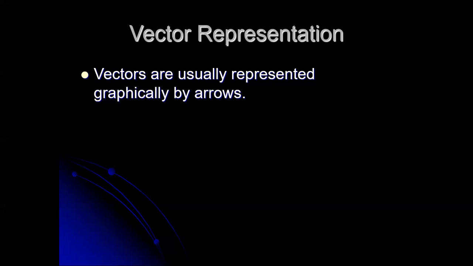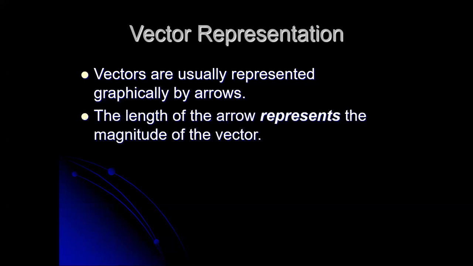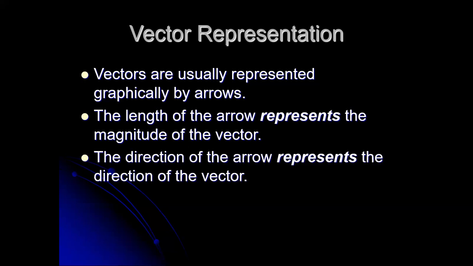The longer we draw the vector, the more it represents. The shorter it is, the less it represents. So we have both pieces of information there by drawing an arrow. The length represents the magnitude, how much we're dealing with. The direction tells us the direction of the vector.